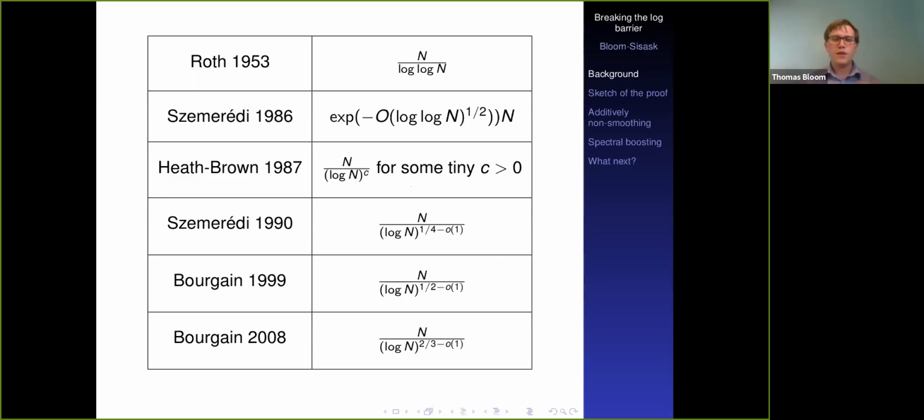Each of these successive improvements is the result of at least one, and sometimes more, significant new ideas in how we really use harmonic analysis to try and understand the additive behavior of sets of integers. And fortunately, almost always, a significant new idea also translates into some quantitative progress as well.